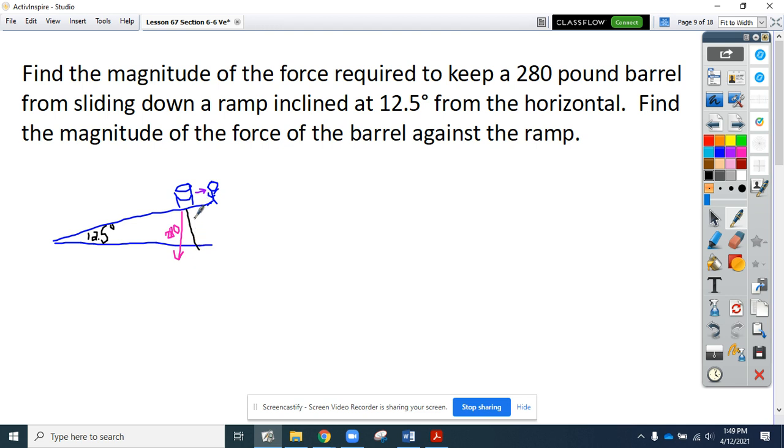So that vector is the weight of the barrel against the ramp. So we're going to need to start labeling these. So I'm going to call that R for ramp. And I'm going to define my variables up here. So R is going to be the weight or the force of the barrel against the ramp.